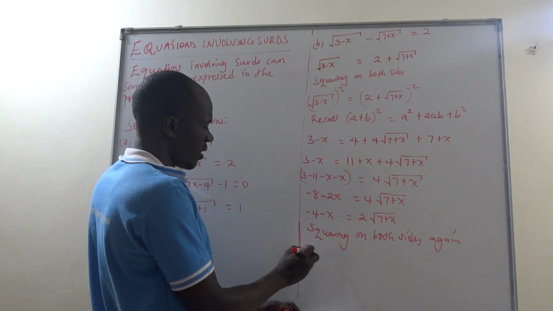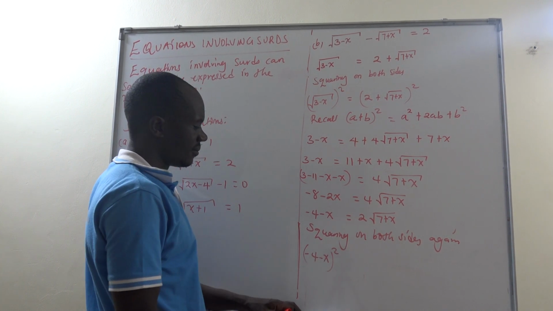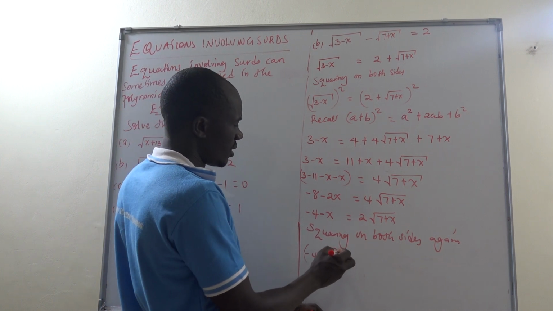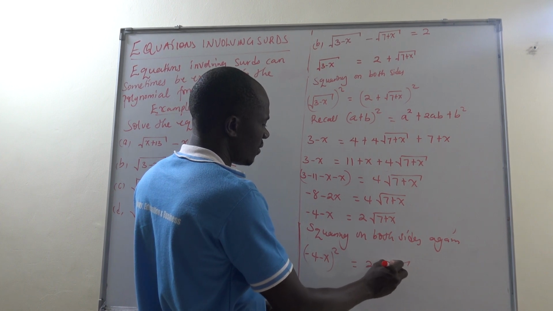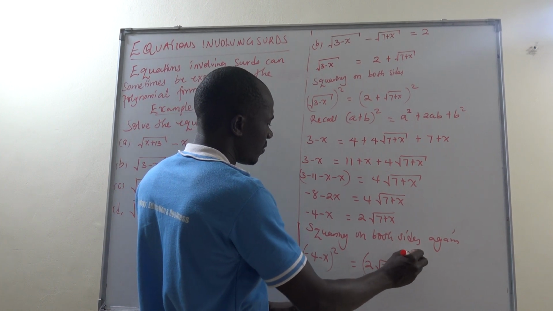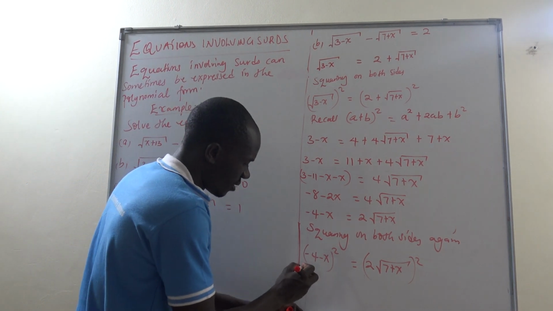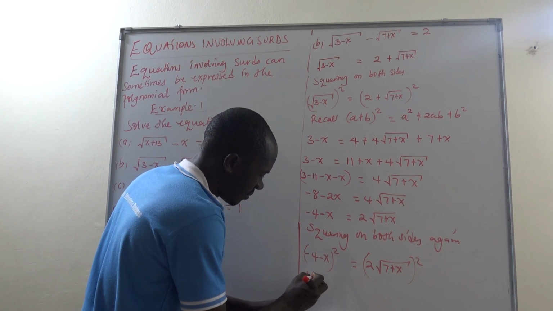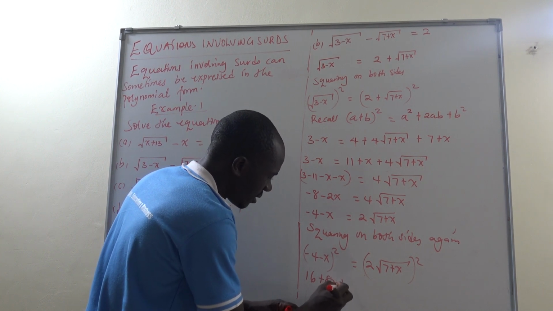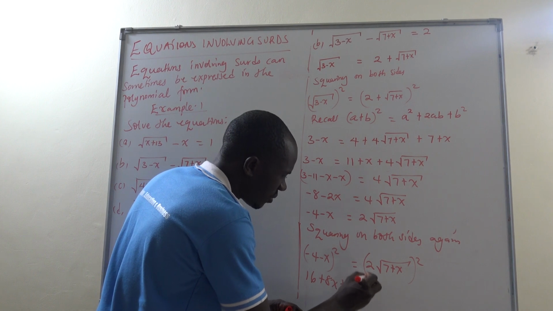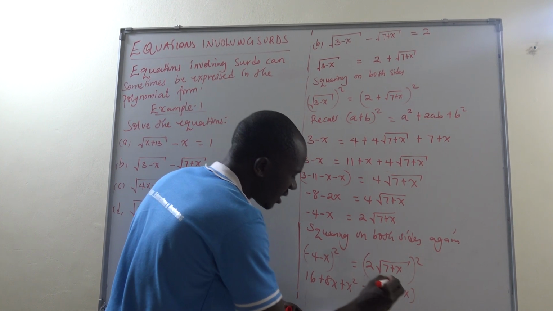So we are going to have negative 4 minus x, the whole of it squared, then we say equals 2 root of 7 plus x, the whole of it squared. So when we square, what are we going to have? We are going to have 16 plus 8x plus x squared equals, this one becomes 4 into 7 plus x.